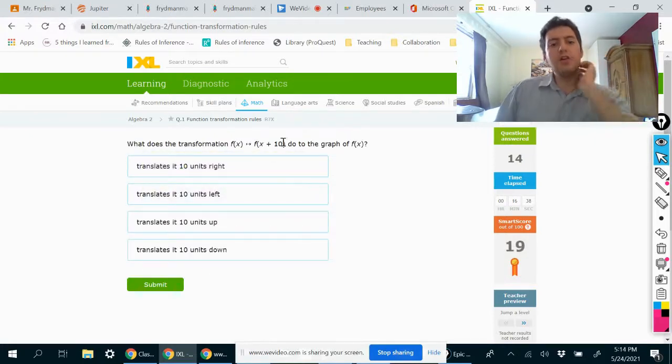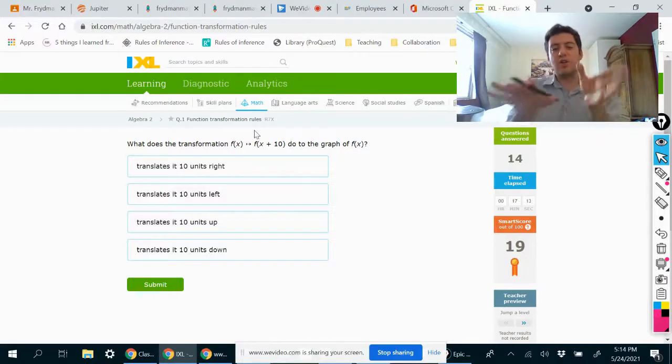Okay. Here, notice that this plus 10 is inside the parentheses. So we're adding 10 to x before we put it into the function machine. That's like the guy who's doing everything 10 minutes early.